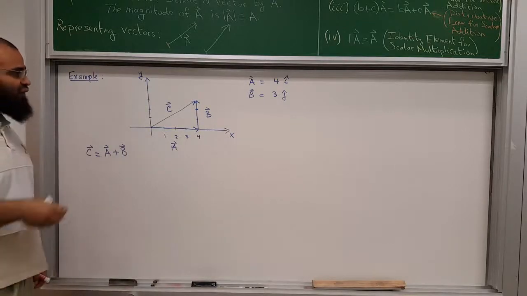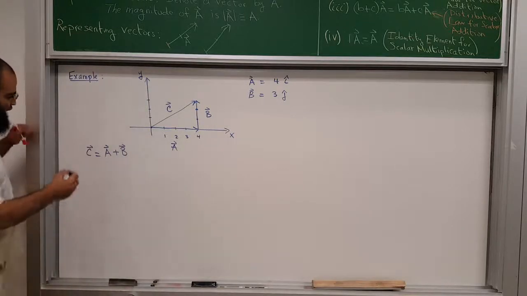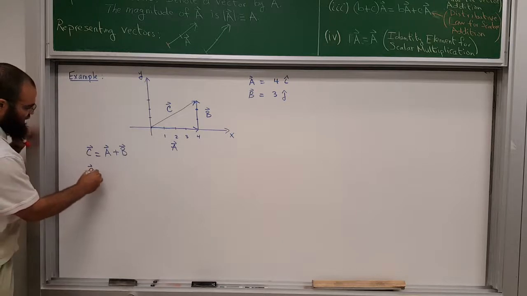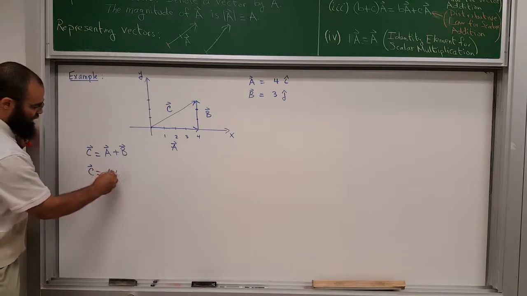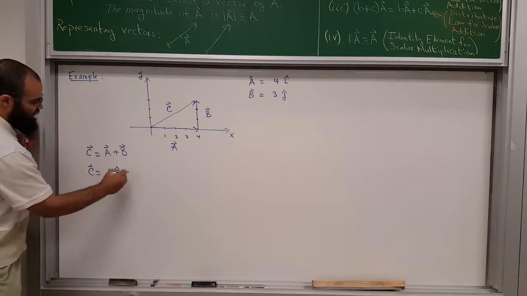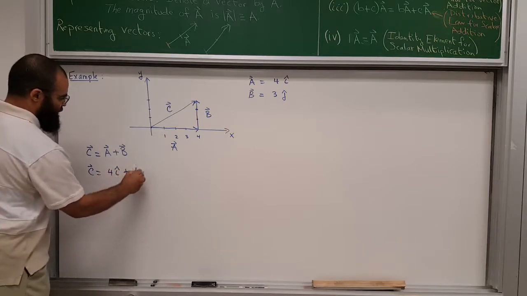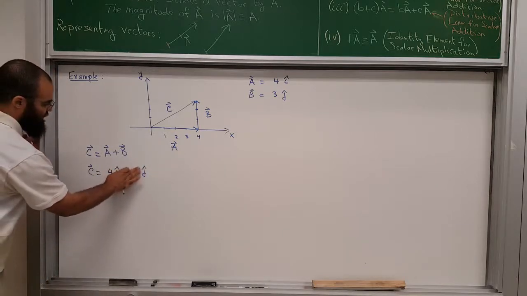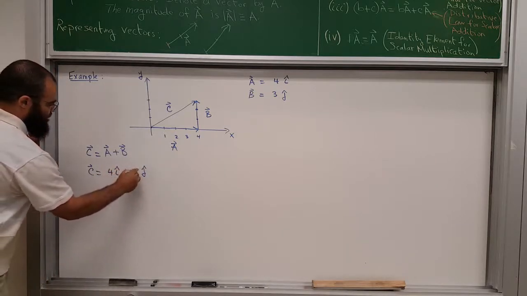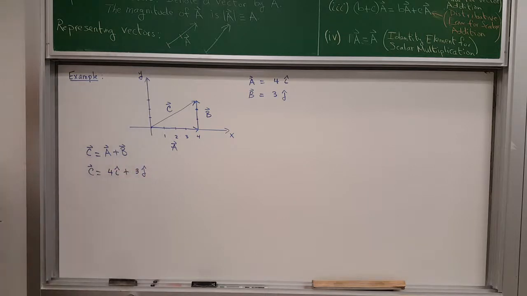Okay, so those are the two vectors. Let's add them. The vector C is vector A plus B. Vector A is 4i hat. Vector B is 3j hat.